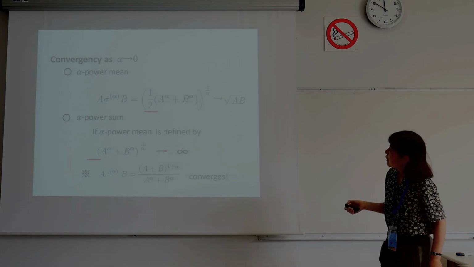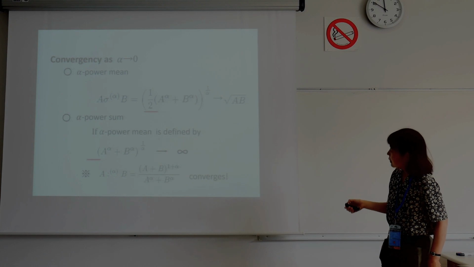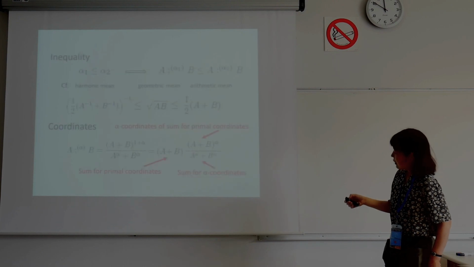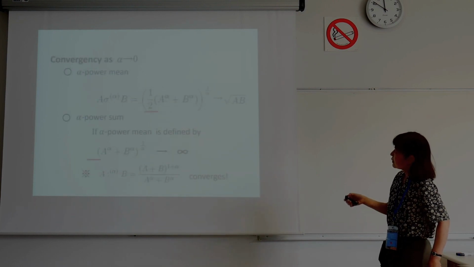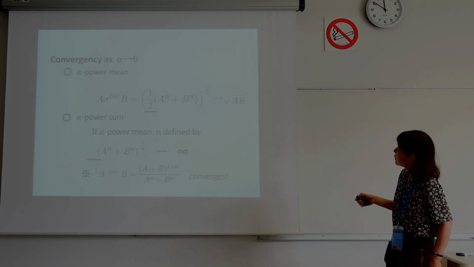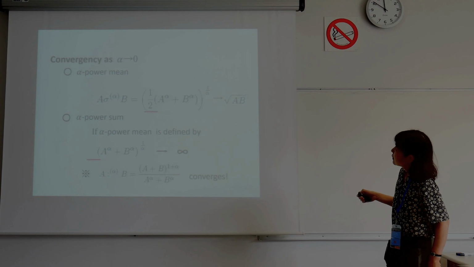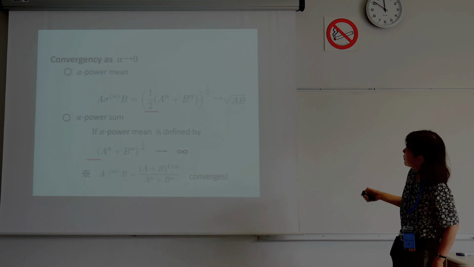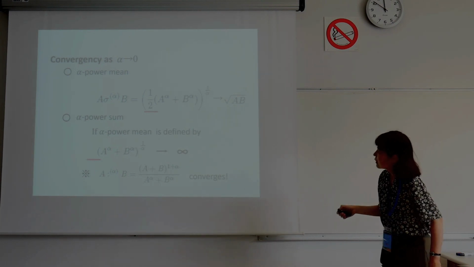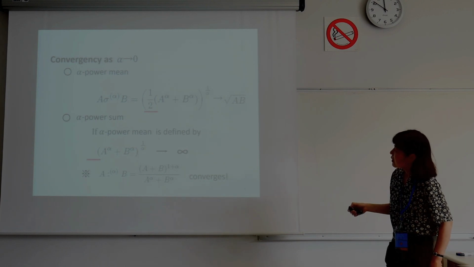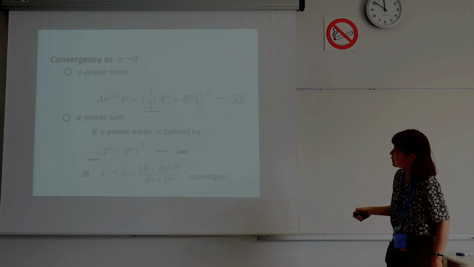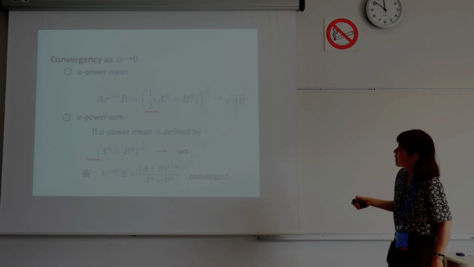So, if alpha equals 0, the alpha power mean, if A and B are scalars, is root A times B. If we define the sum by this, it is omitted half.